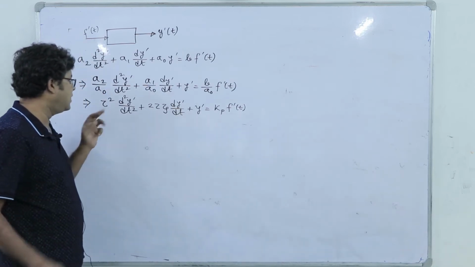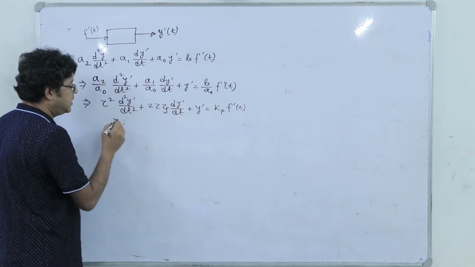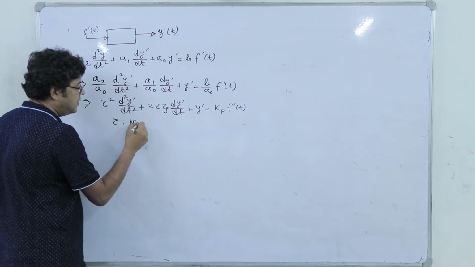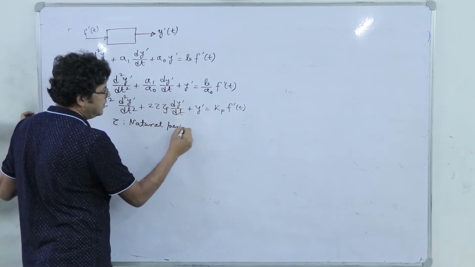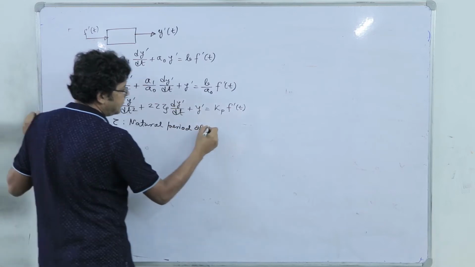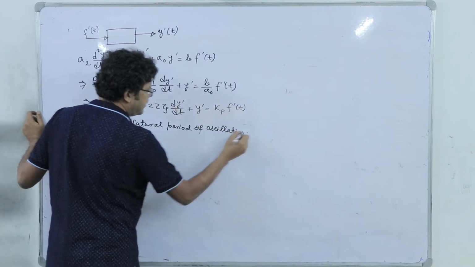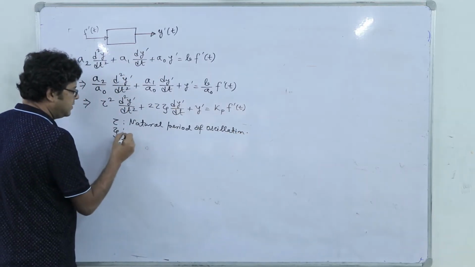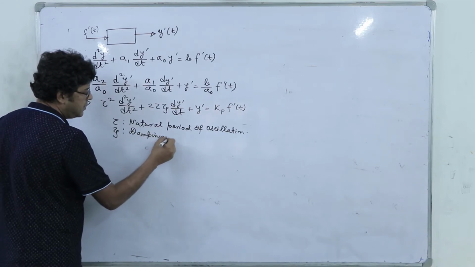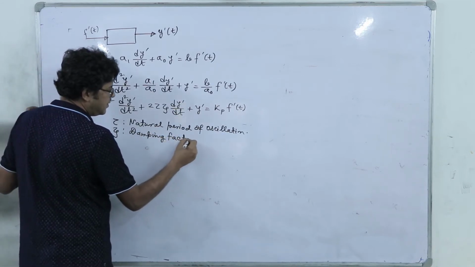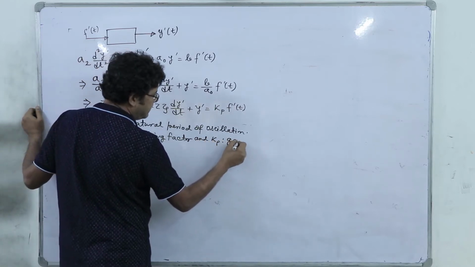But here we have a new term tau, not tau p. Tau is referred to as the natural period of oscillation. Zeta is a damping factor and Kp as usual is a gain.